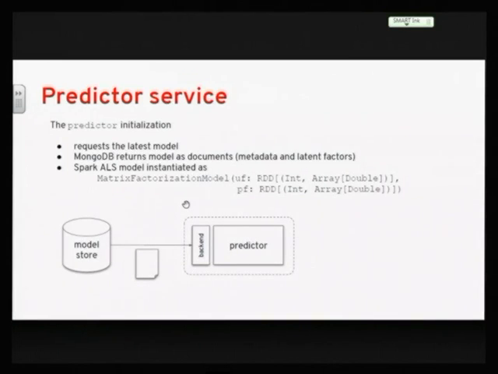That is basically a wrapper around two RDDs, an RDD of an int and an array of doubles. The problem is that these are Scala typed, and as I mentioned, the predictor was implemented in Python, so we will have access to the PySpark framework. And it's really tricky to implement these Scala types in Python.